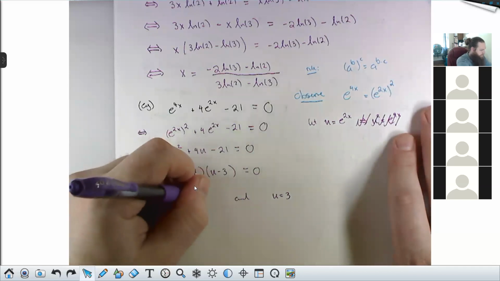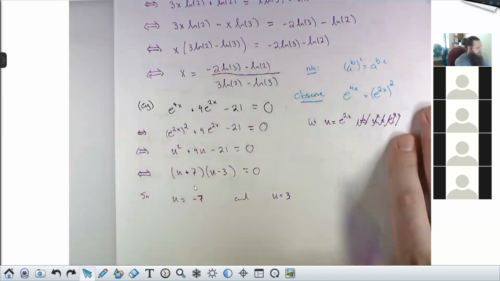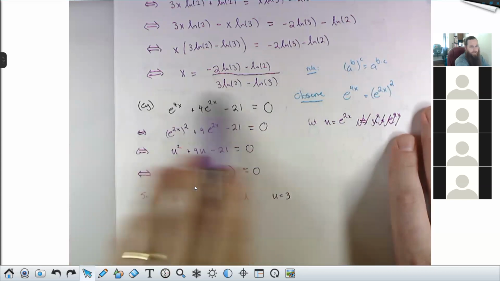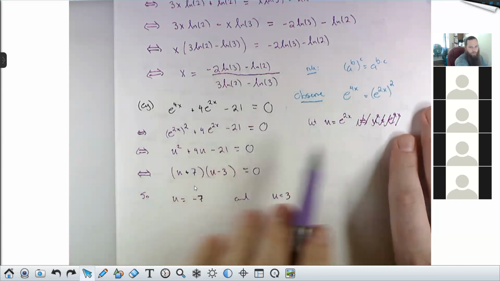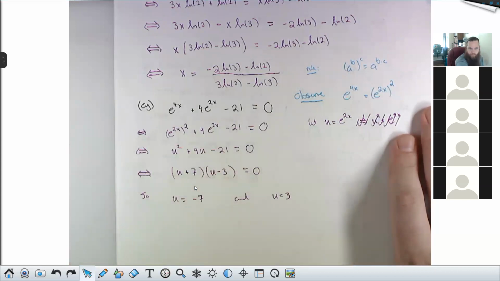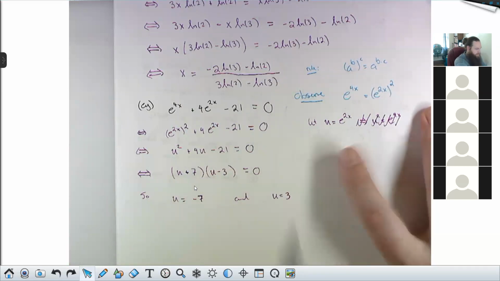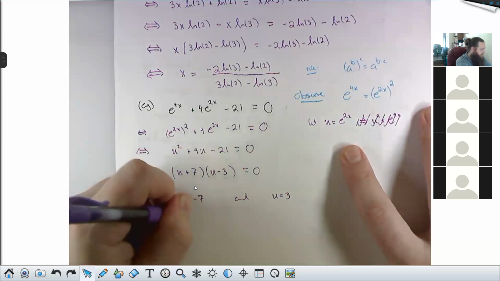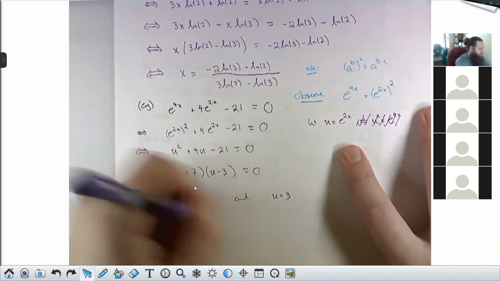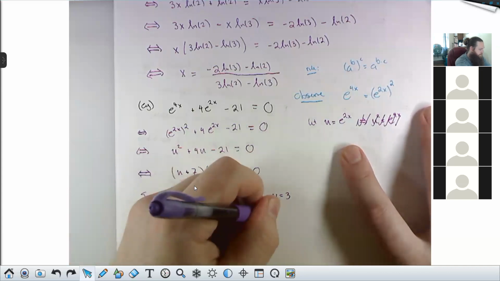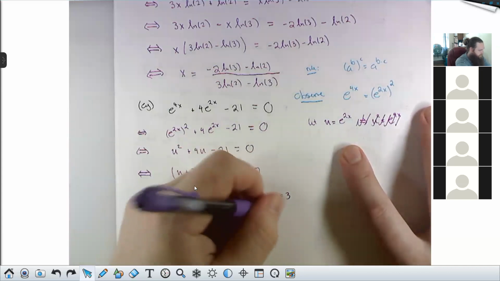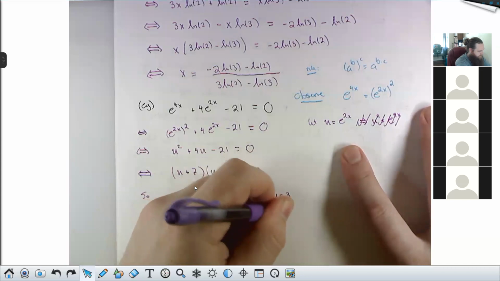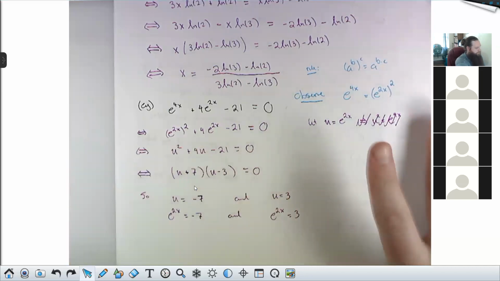Now to finish things, remember we were given an equation asked to solve for x. Telling them what u is doesn't get us anywhere, because my reader wouldn't even know what u is unless I told them I made this substitution. So you have to go back. This means e to the 2x is -7 and e to the 2x equals 3.